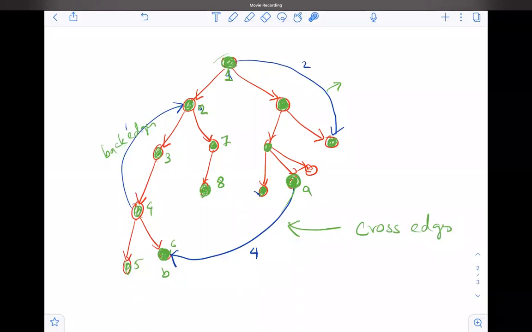But we don't need a back edge to create a cycle, right? We can create a cycle even with cross edges. No, you cannot create a directed cycle. What if we were to create an edge from A to B, then B to C, and then C to A? Can it be there? Let's think of it.